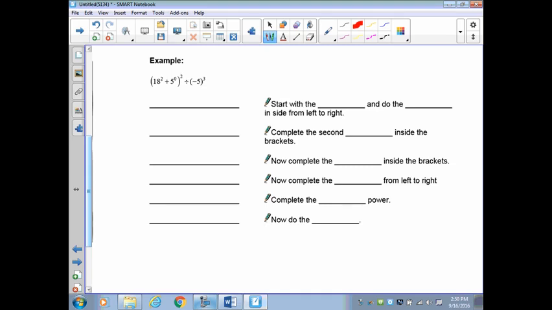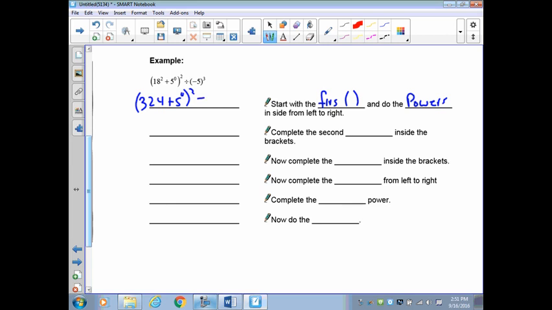Okay, so inside here we get 2 sets of brackets. So we're going to start with the first set of brackets, and do the choices we have to do inside there. We're going to do the powers in order from left to right. So my first one is going to be 18 squared. 18 times 18 is 324 plus 5 to the 0.